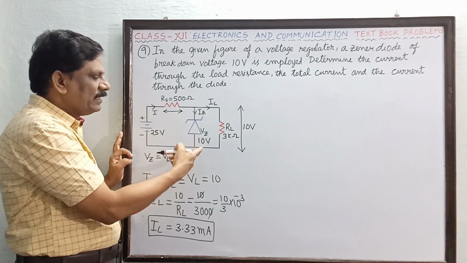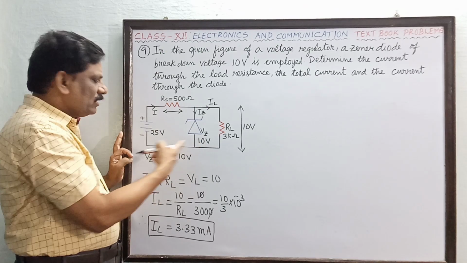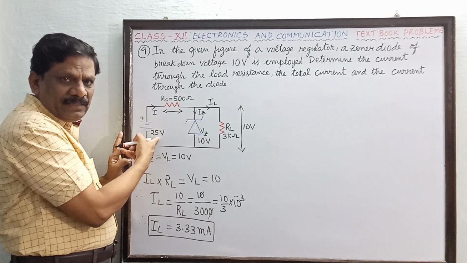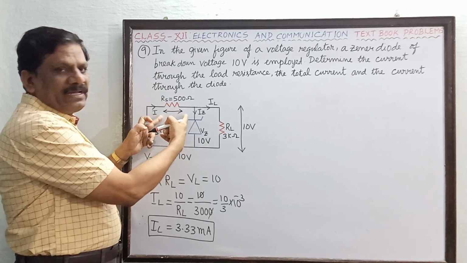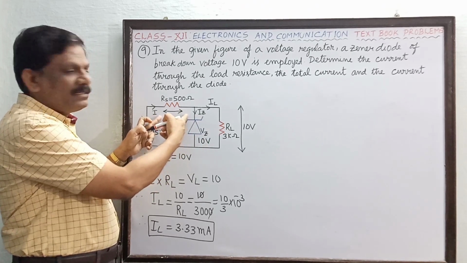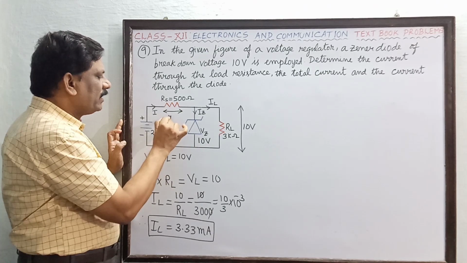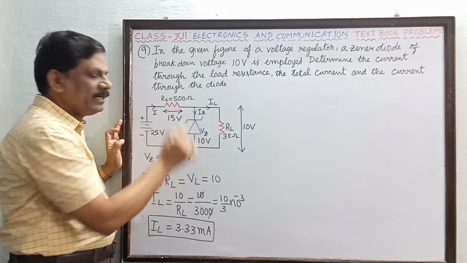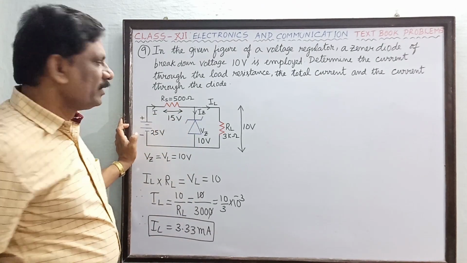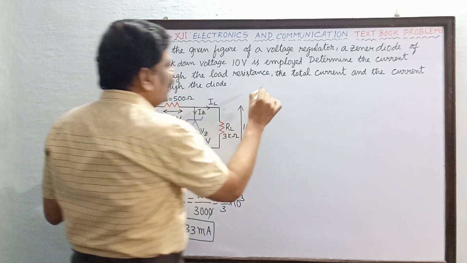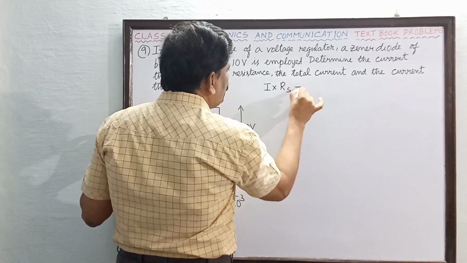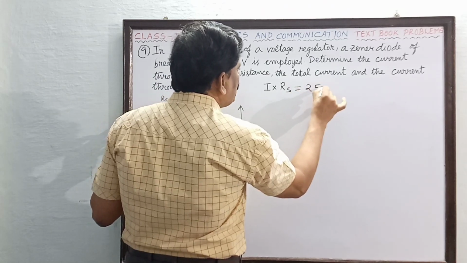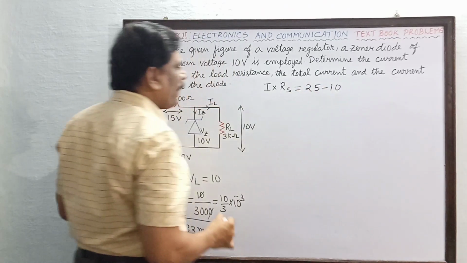So out of the 25 volt, if you subtract this 10 volt, the remaining only will be the potential drop across the resistance. So 25 minus 10, the potential drop must be 15 volt.